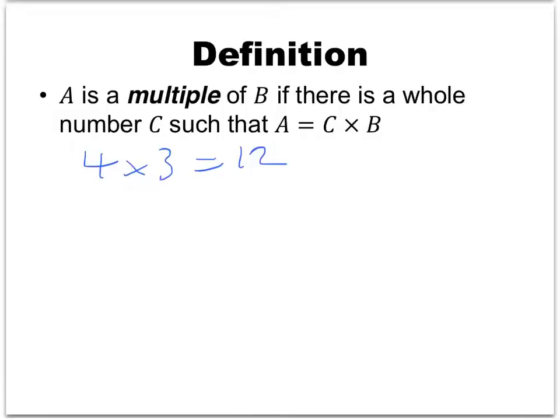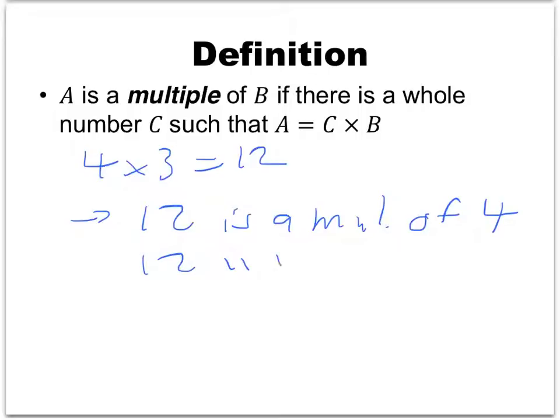And so based off of this, we could say that 12 is a multiple of 4. Let's look at this equation from another perspective. We have that 3 times a whole number equals 12, and so we could say that 12 is a multiple of 3. So one equation, we get two statements here about multiples.